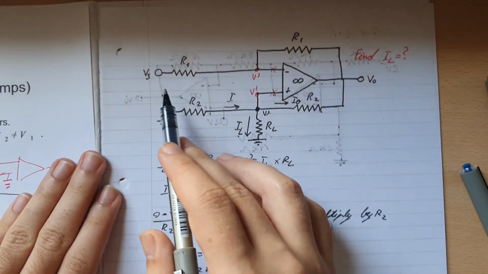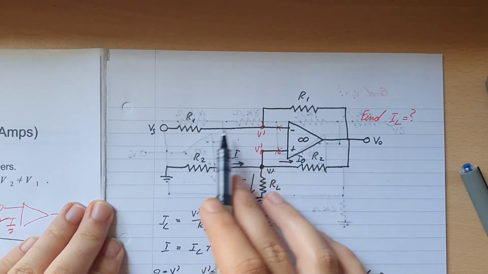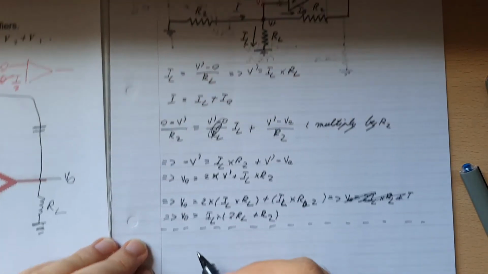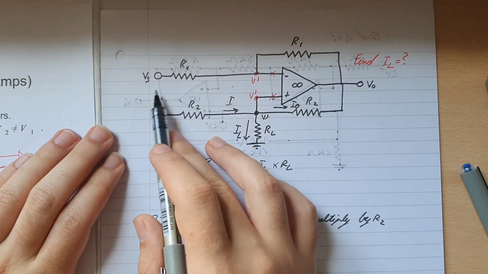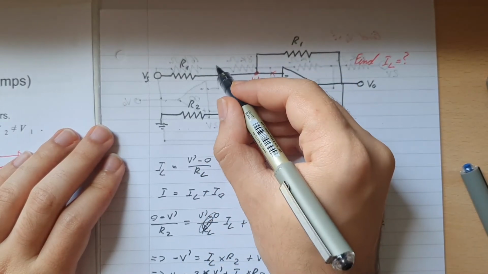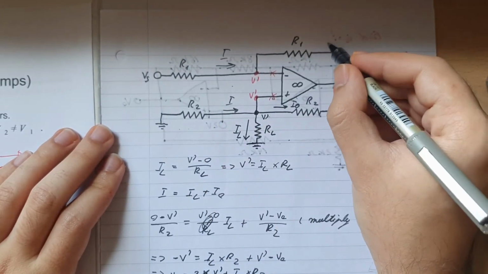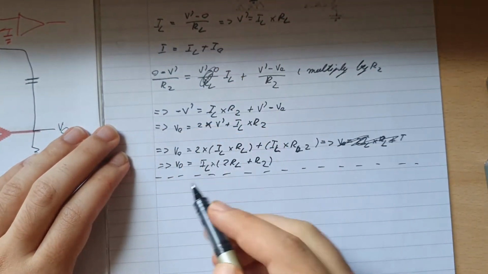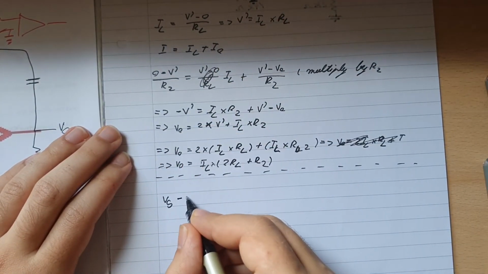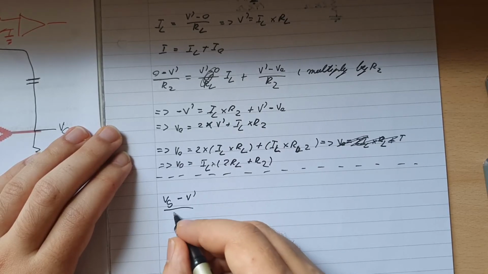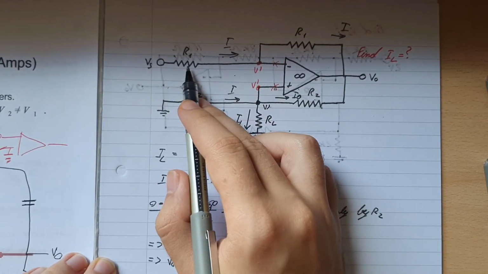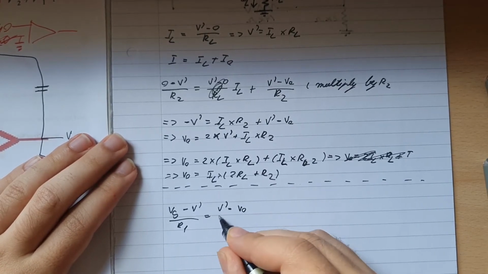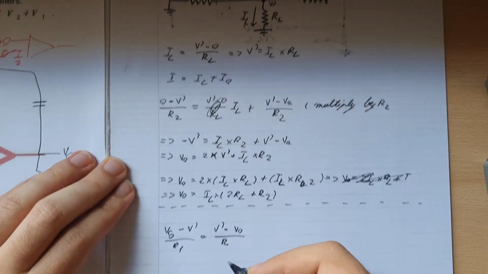So now we're going to use the top side with the voltage source. Okay, so Vs minus, let's draw the current. This current I coming through here, and this current I coming through here. Then Vs minus V prime over R1, as seen here, will be equal to V prime minus V out over R1.